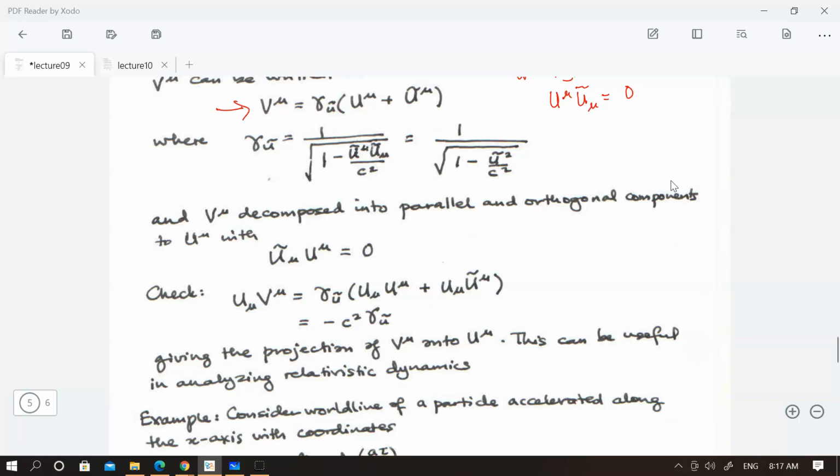So essentially you have the u mu, and then your u mu contracted with u tilde mu will be equal to 0. So in other words, over here you're going to get your minus c squared, since u mu is 0c, so the dot product is 0c. This is your inner product.